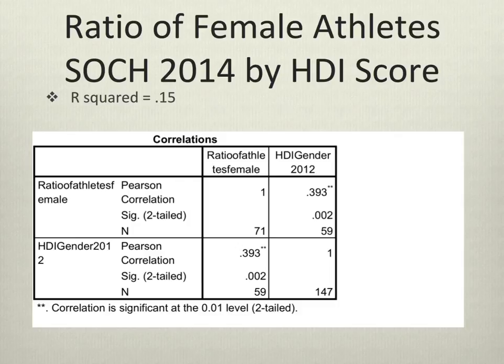In this case, we see a Pearson's R score of 0.393 with a significance at the level of 0.002, p equals 0.002, less than 0.01, highly statistically significant. If I square 0.393, I come up with an R squared value of 0.15. In this case, 15% of variation in what proportion of your team is female is explained by a nation's score on the Human Development Index.